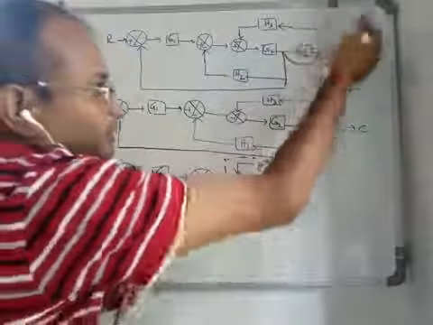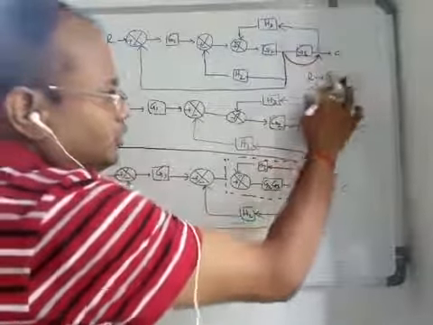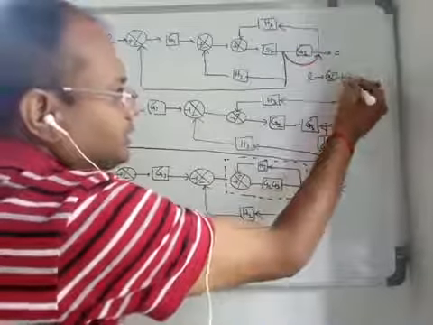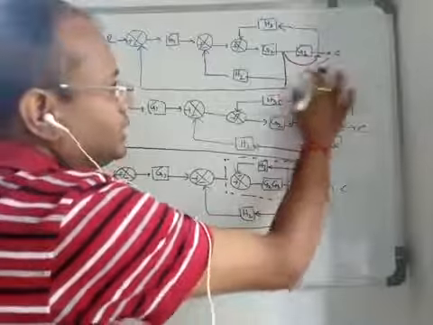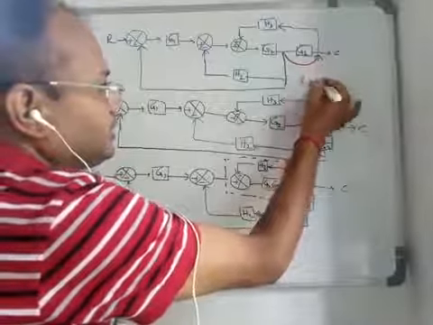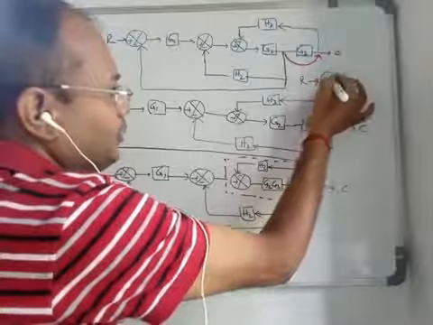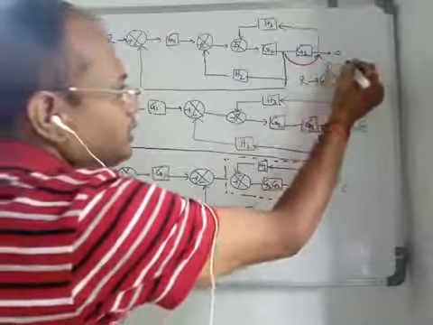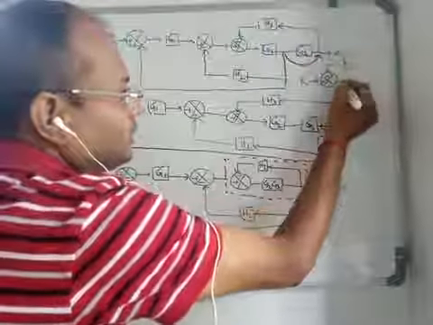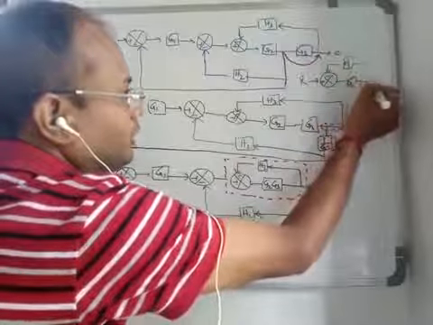So it may be from the top, so the structure may be like this. This is your G, R, this is your plus minus, this is your H, and this is your G forward path.